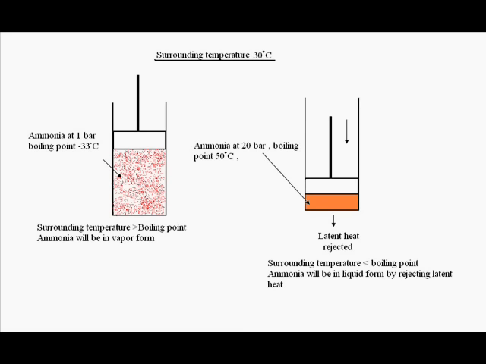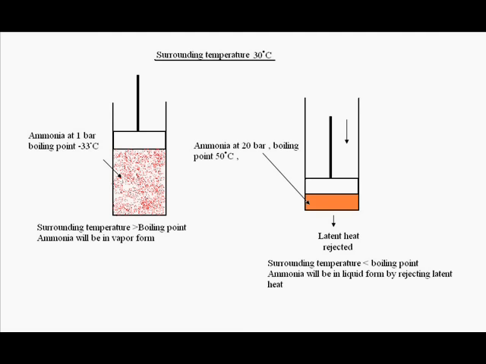The same thing is happening here. The pressure of ammonia is increased to 20 bar, so its boiling point has increased, so it is condensed, and we know that whenever condensation takes place, a vapor will reject latent heat.